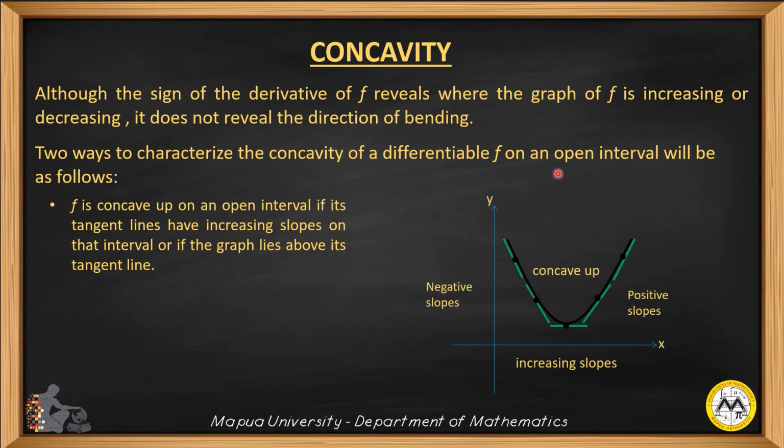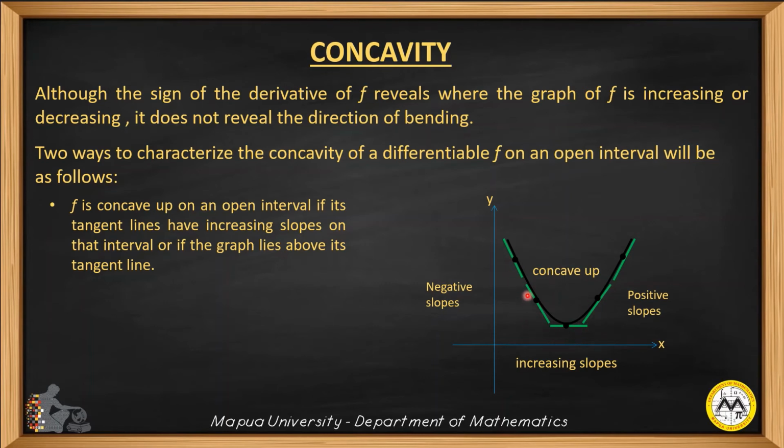Look at this illustration here. We have the black curve to be the graph of y equal to f of x, and at points on the curve we have drawn the tangent lines, and these are given by the green lines. Observe that going from left to right along the curve, the tangent lines are with increasing slopes.